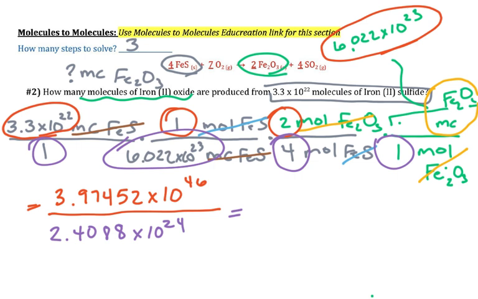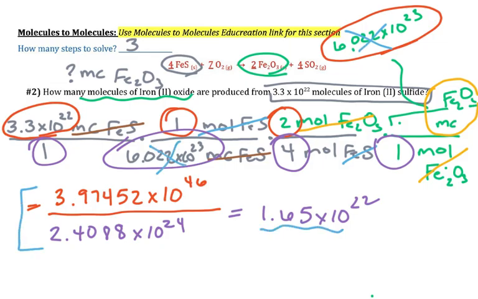And I got 1.65 times 10 to the 22nd when I did that division. If we had canceled out that 6.022, our values here would be different, but we should still end up with that same final answer. Making sure we have correct sig figs. 3.3 has 2 sig figs.